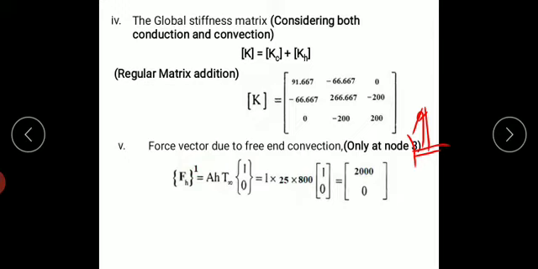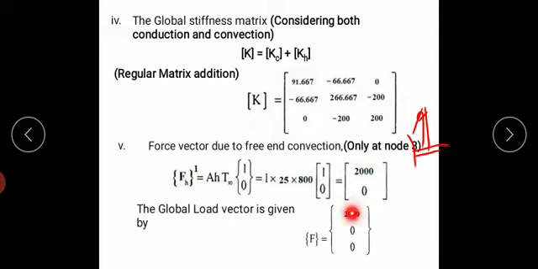So for the first element, AH T infinity, 1 comma 0. Here also same thing, force vector at the first node. So for the first node I have the value. This is the force vector due to heat convection at element 1 at node 1. Now the global force vector: I have force only at node 1, and at node 2 and node 3 there is no convection happening, so I'll put 0.